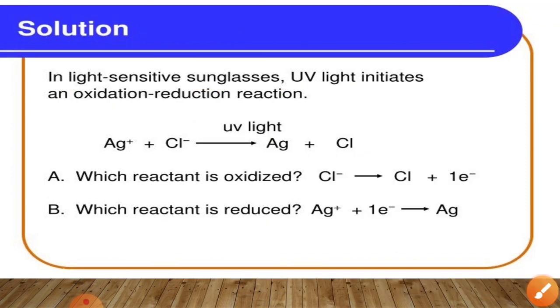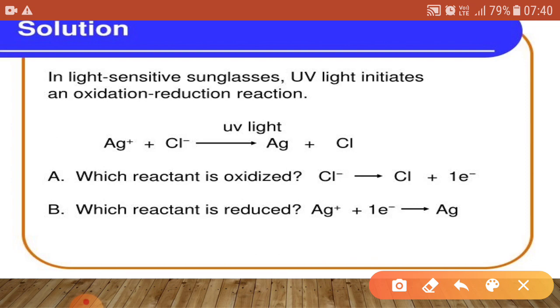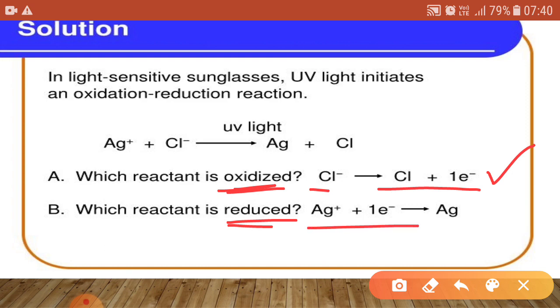Now this is the solution, and chlorine is oxidized here because it is losing the electron. It acts as a reducing agent, that's why it loses the electron, so it gets oxidized. Similarly, here silver is gaining the electron, and it means that it gets reduced.